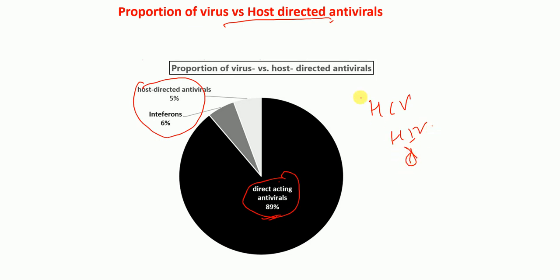This chart is in reference to the antiviral agents targeting HCV, HIV, and other related viruses. So directly acting antiviral agents account for approximately 90% of currently available drugs, whereas host-directed antiviral agents account for approximately 10% of currently available antiviral drugs.